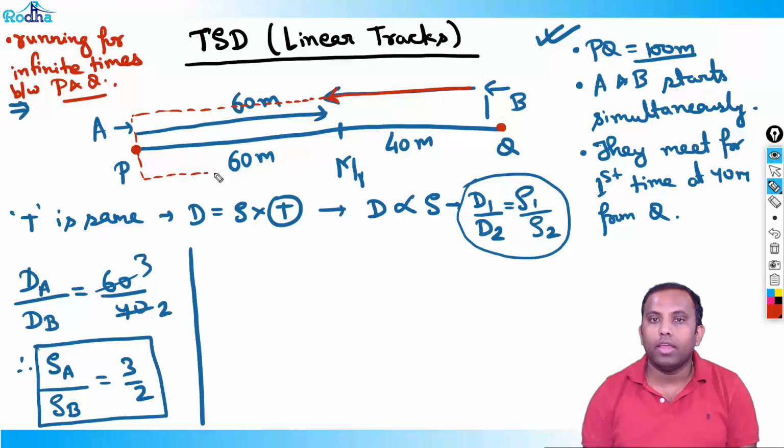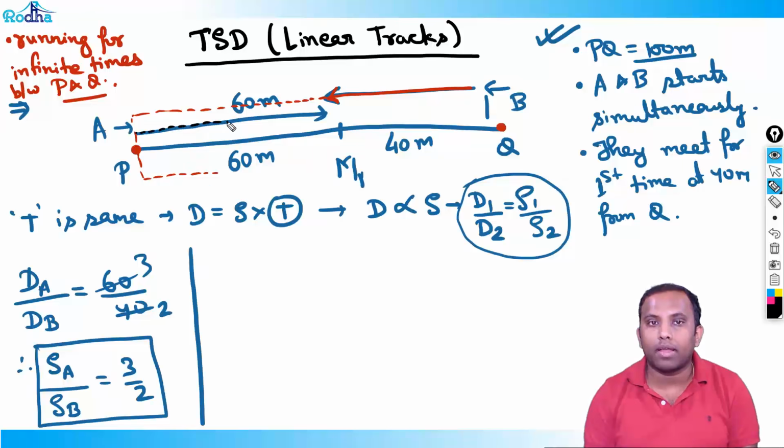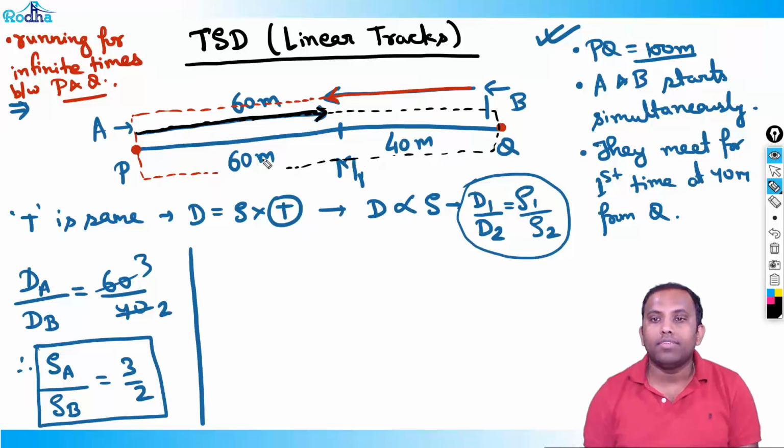A's path I'm drawing in black, to understand it better. A will continue, reach Q, and again come back. Suppose somewhere here, as B is coming, is the second meeting point M2.